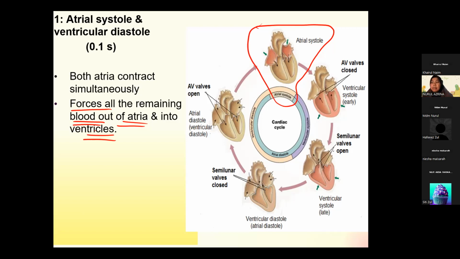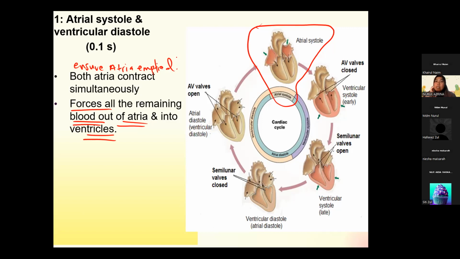That is what happened in the first 0.1 second, to ensure the atria is emptied, with all blood sent to the ventricle.